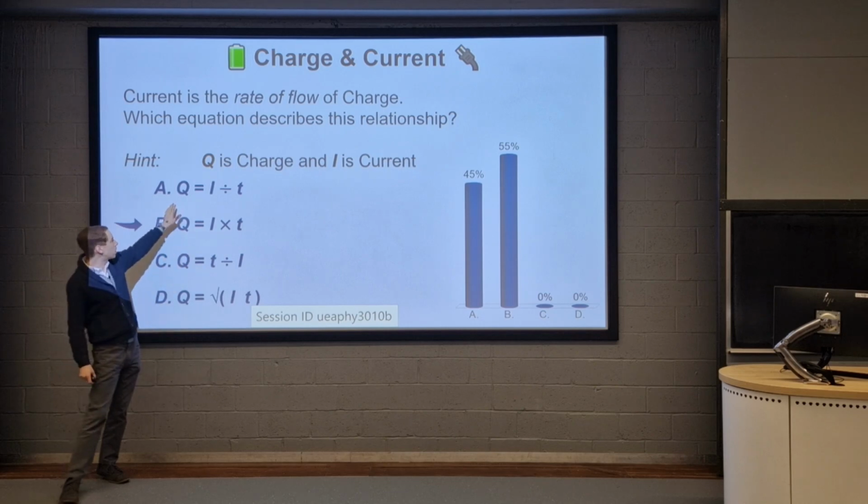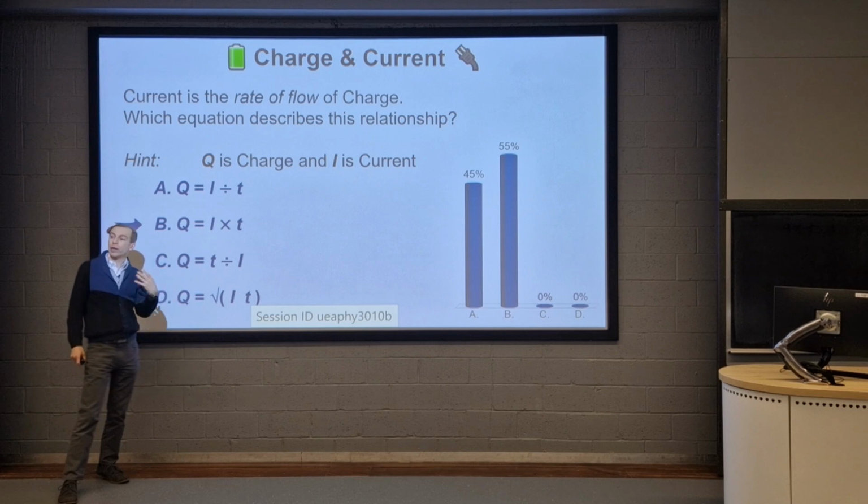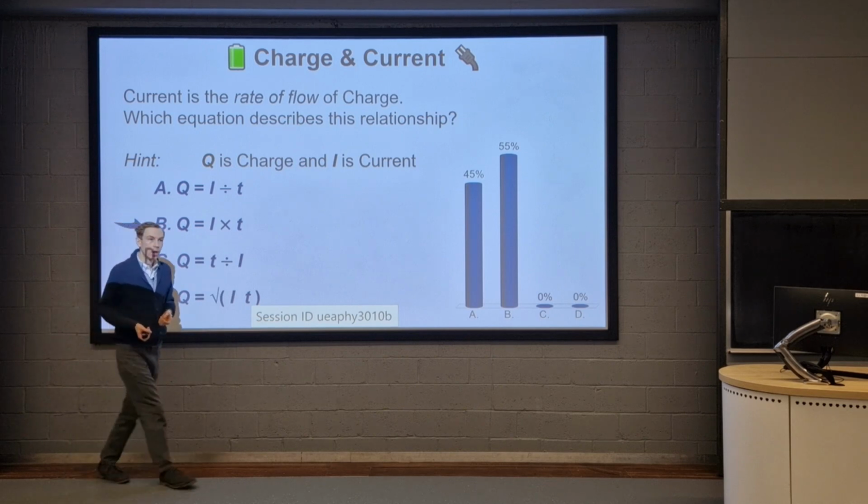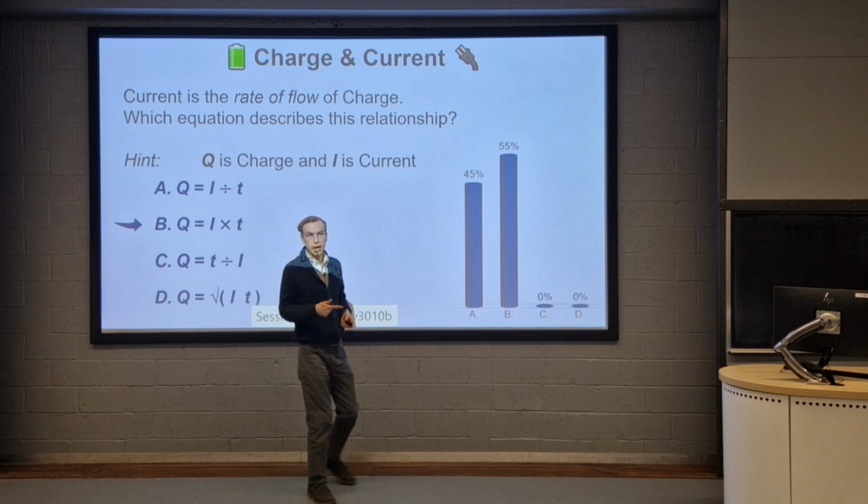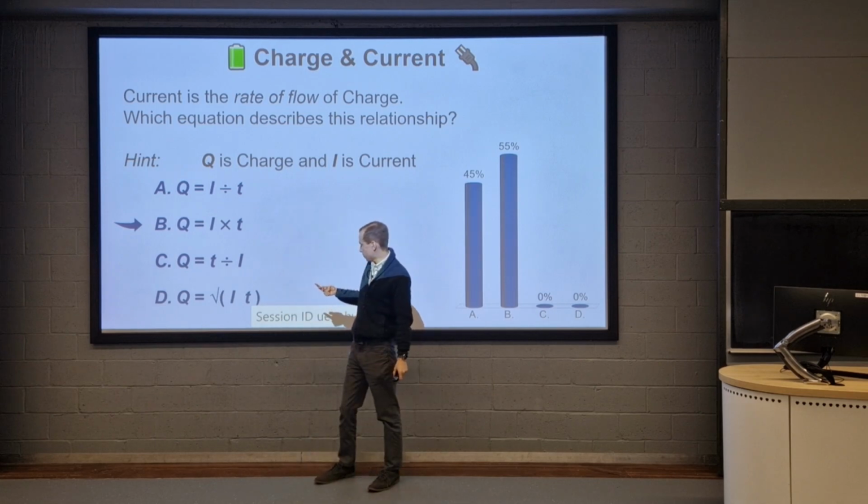Now, if you've seen an equation a bit like this before, quite often instead of relating charge and current this way, they're related with I is equal to Q over T. But it's just an equivalent way of writing down the same thing.